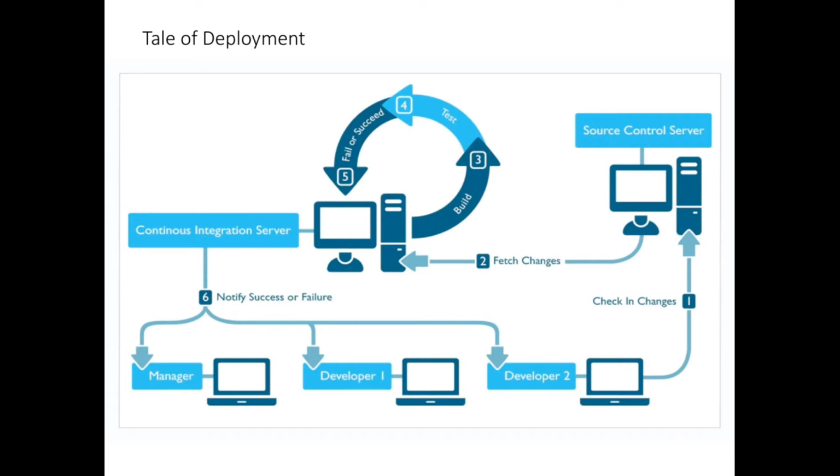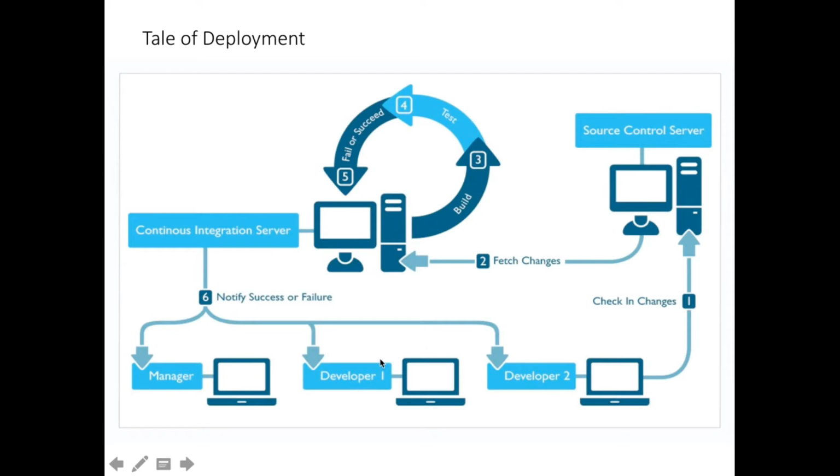Once the test fails or succeeds, based on the life cycle configuration, it will either go to the next production deployment or test deployment. If it is a failure, the failure will be sent to the manager, the project lead or somebody, and the manager will send it back to the developers to fix it.